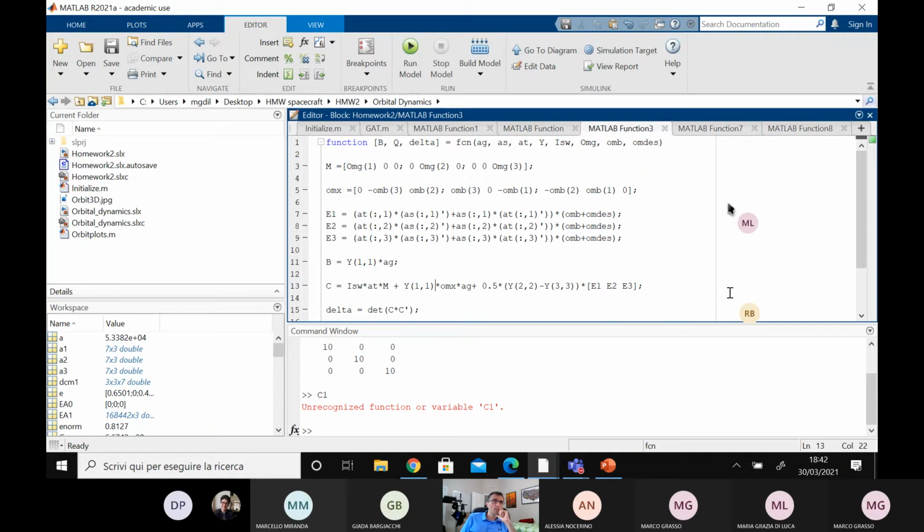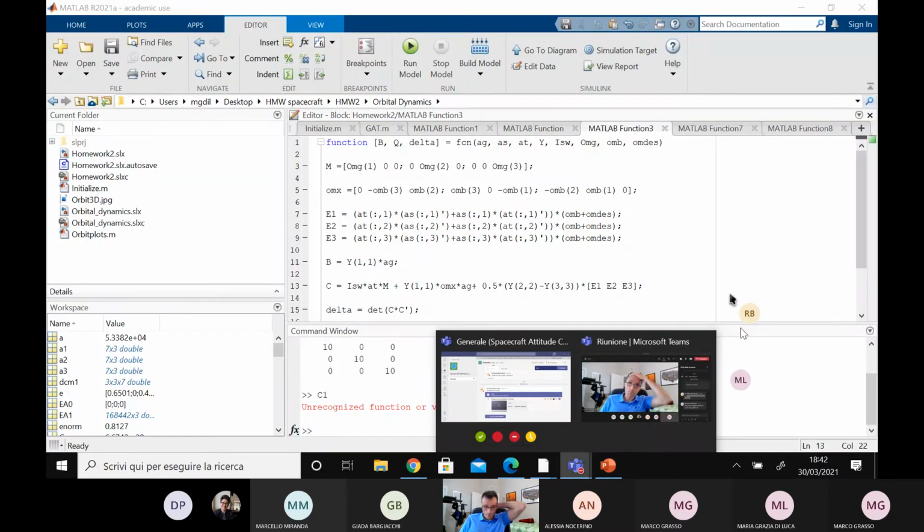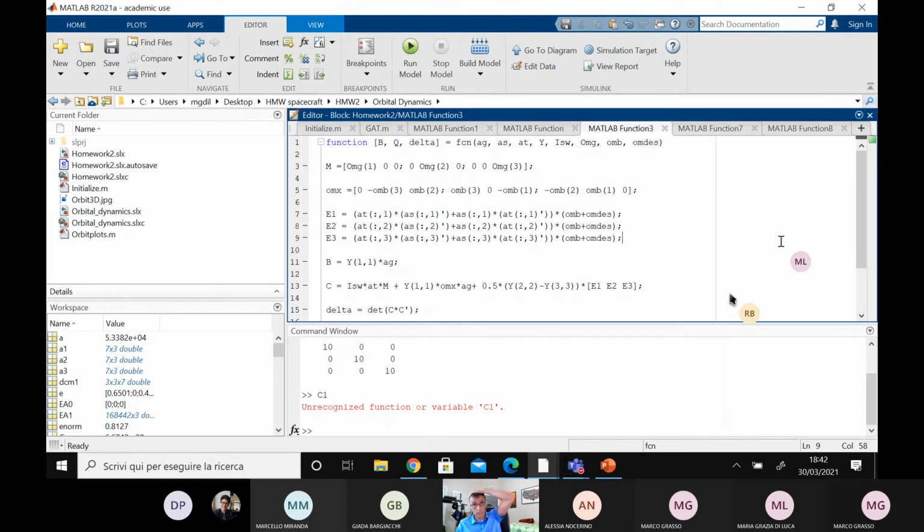Then, okay, B. We're going to jump to B. B is, in theory, G1, G2, G3 that multiplies the Y value 1, 1 times the identity matrix, right? Yes. And you're simplifying this, saying that it is that AG.